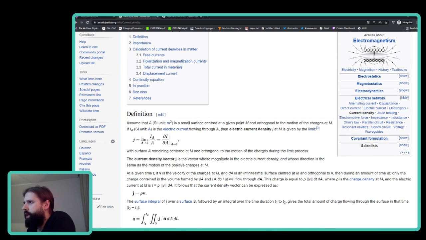Assume that A is a small surface centered at a given point M and orthogonal to the motion of the charges at M. If I_A is the electric current flowing through A, the electric current density J at M is given at the limit.